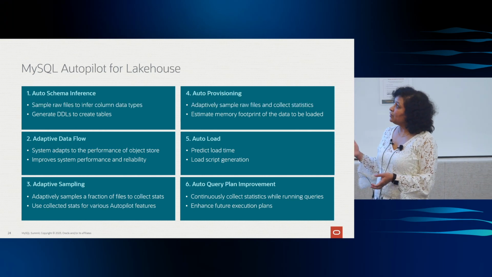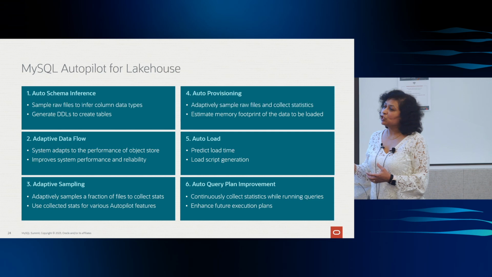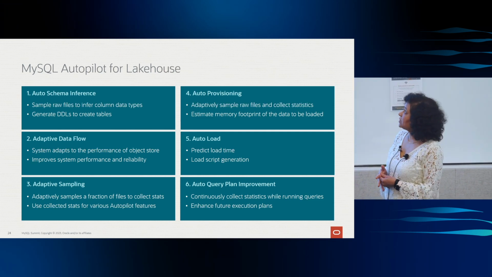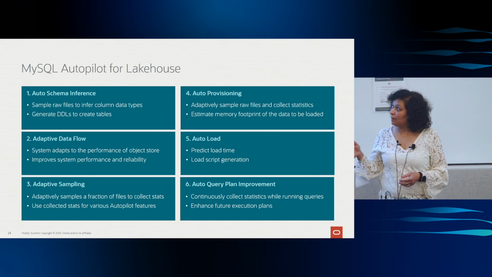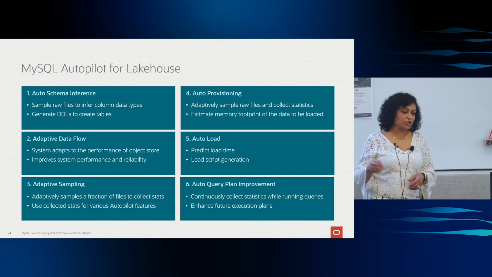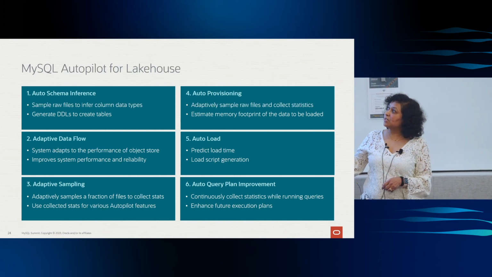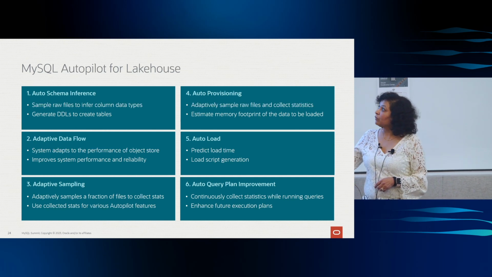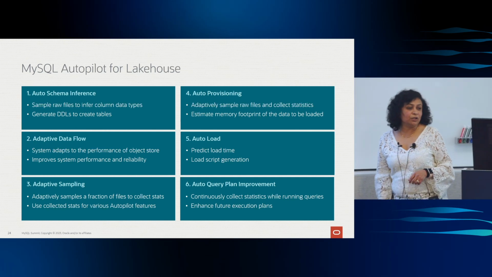But there are certain features like the auto schema inference and the adaptive data flow, which are very relevant just to the Lakehouse. And I'll talk about them, and in the context of when I'm talking about the schema advisor, I'll briefly touch upon how we also use the schema inference internally when we do the auto provisioning and the auto load.